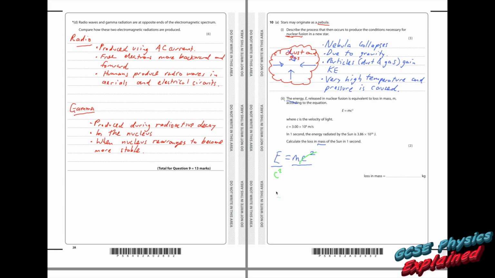So I'll just write it out again so it's neat for the examiner, and I'll pop the numbers in. I'll put that in brackets because I'm squaring it. And that comes out as 4.28 recurring times 10 to the 9.